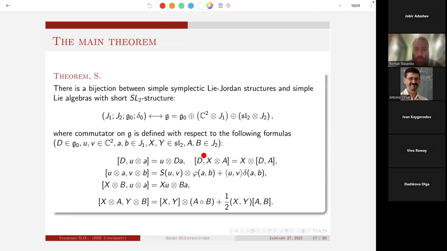Other objects we see before. So it's the analog of the Tits-Kantor-Koecher construction. And in this case, there is a very comprehensible answer that we need to introduce 4 elements: the special bilinear map, the reductive Lie algebra, the Jordan algebra, and the symplectic vector space, which are connected to each other with special identities.